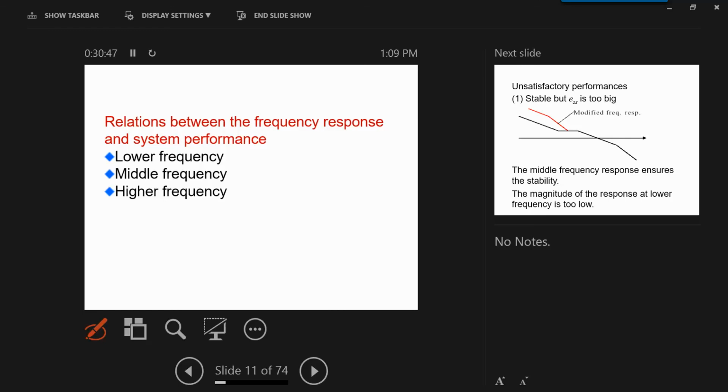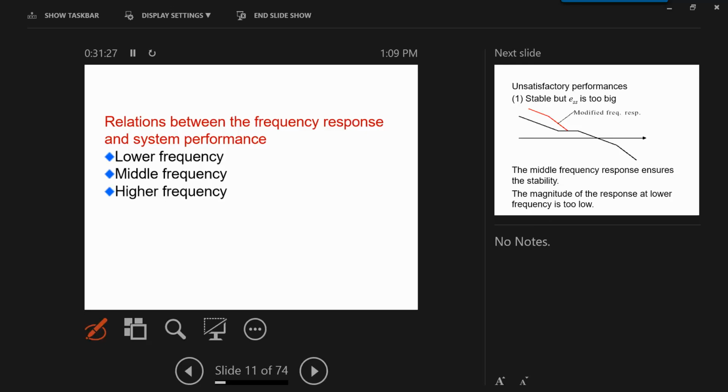What about the high frequency? Usually, if you just remember, when you see a graph, you need to see information. A minute ago, we showed you the open loop frequency response for closed loop. In the high frequency, the closed loop is the same as the open loop, right?